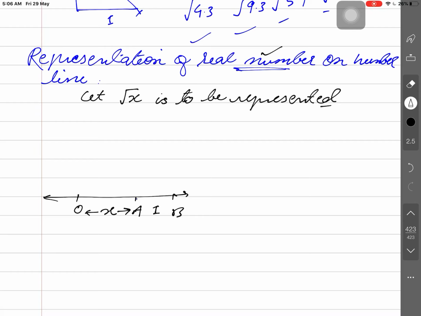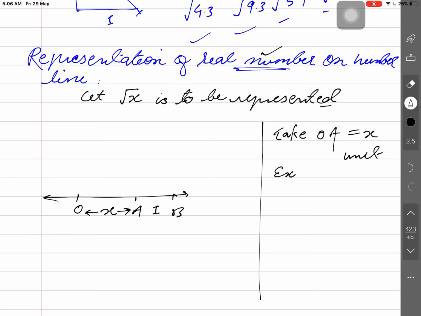Is that clear? So we are doing this one by one. Here we will write down the steps of construction. So you will write: take OA equal to x units.